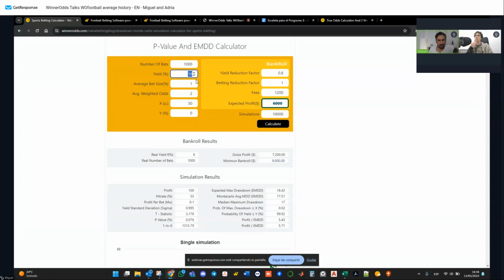I come back to the 5%. And then how does the average bet size affect? Well, this is proportional. If I double the bet size, the risk increases a lot. So when we recommend a bet size, we have taken into account this increase of the risk, and it's mandatory to follow the stake recommendation, the bet size recommendation, because by doubling the bet size, the probability of a very high drawdown increases dramatically.